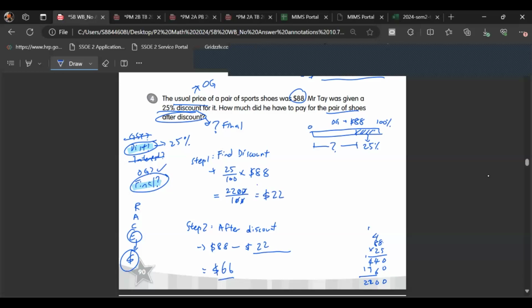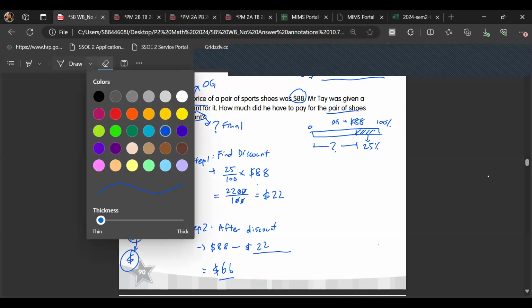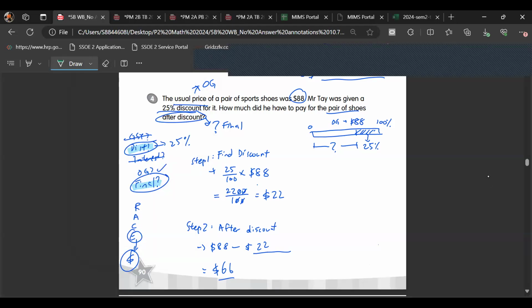Alright. Now I'll show you the shortcut. This is what we learned previously, the longer method.